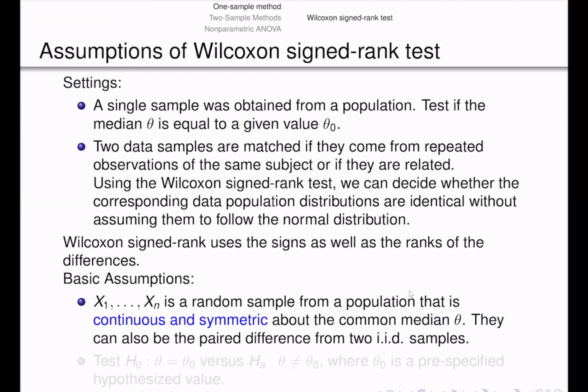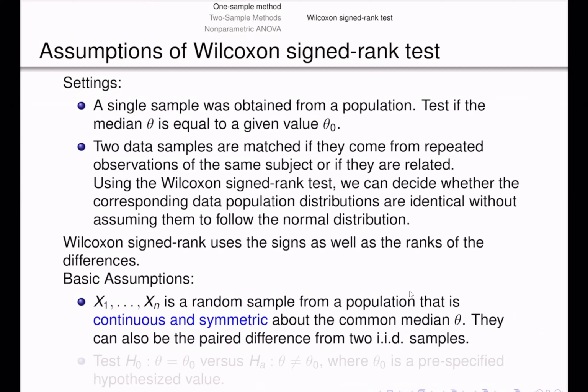Here my notation is simply x1 through xn. That's the observed data or the differences between the paired samples. And the assumption is that x1 through xn are continuous and symmetric about the common median theta. Here we say it's continuous. In fact, it's not necessary to be continuous, but when it's continuous, we will have less trouble. For example, the data will not be tied.